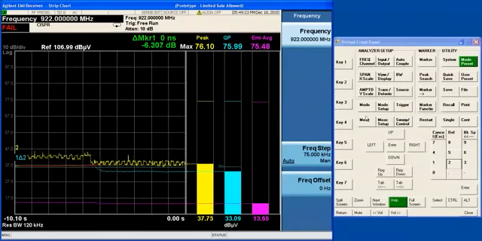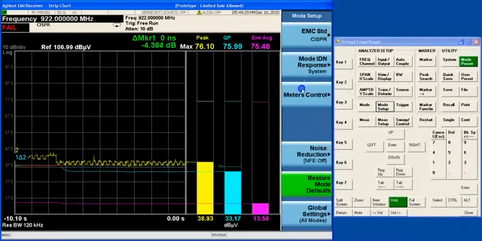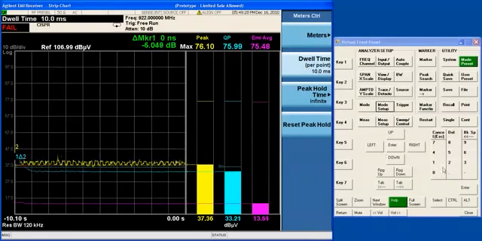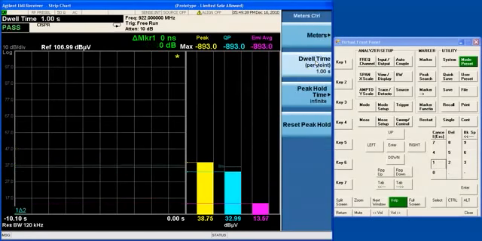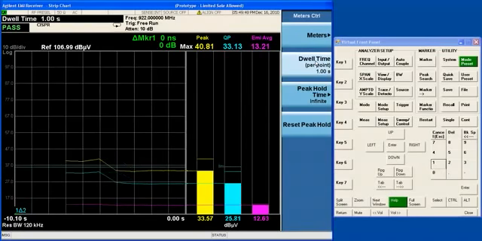If I wanted to set the dwell time to 1 second, then yes, each point on the display would represent a dwell time of 1 second. And I could say, okay, each of these points I'm measuring with my quasi-peak detector. I'm dwelling for long enough to satisfy the CISPR spec.